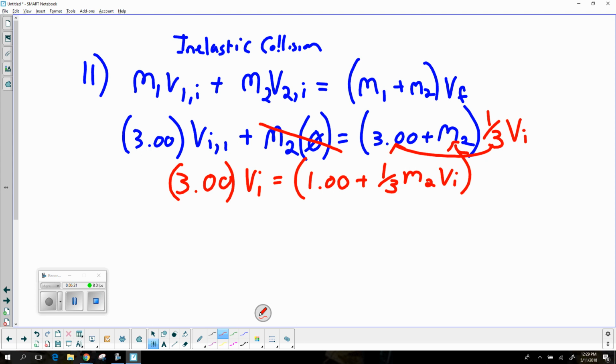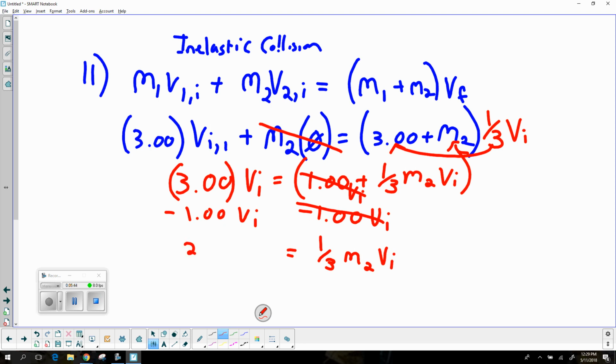And then what I can go ahead and do, I've got a vi here, is can I subtract vi from both sides? Or 1.00 vi from both sides? What can cancel out at that point? What's the same on both sides?